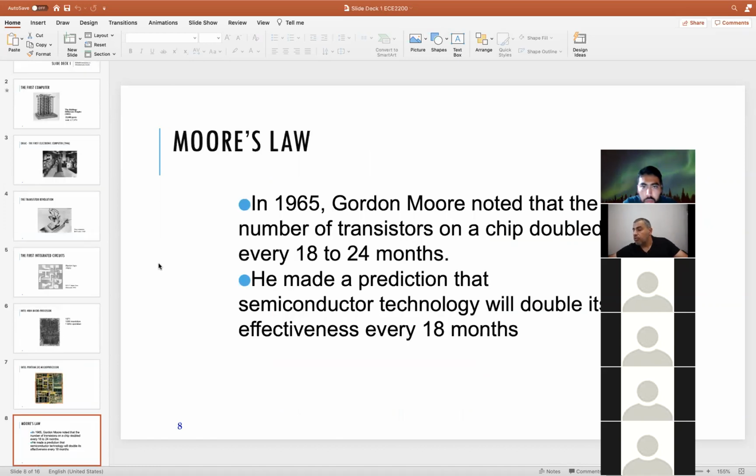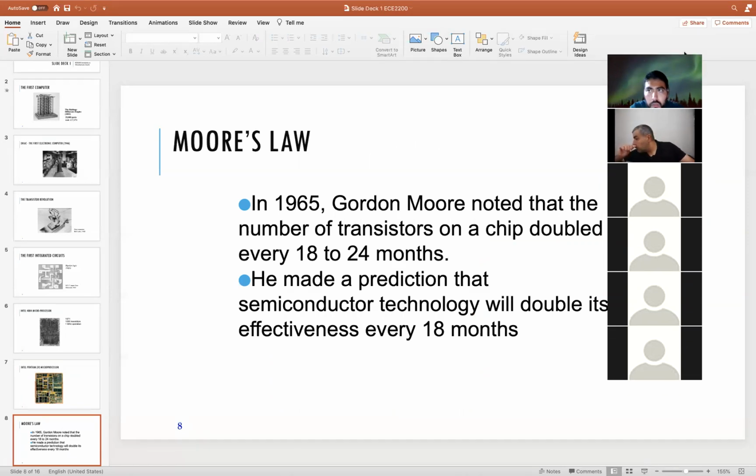Okay, and this is all from this thing that is called Moore's Law, because the guy who came up with it was called Gordon Moore, and he was one of the founders and CEO of Intel for a very long time. And he predicted that, once they started building the integrated circuit, once they started putting more than one transistor in the same substrate, the number of transistors on a chip could double every 18 to 24 months.